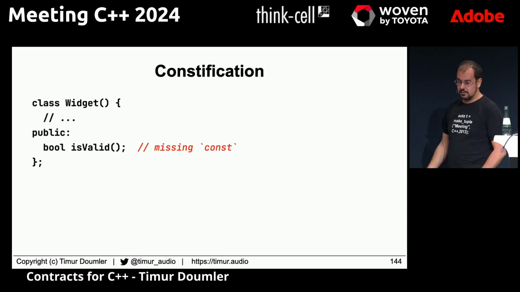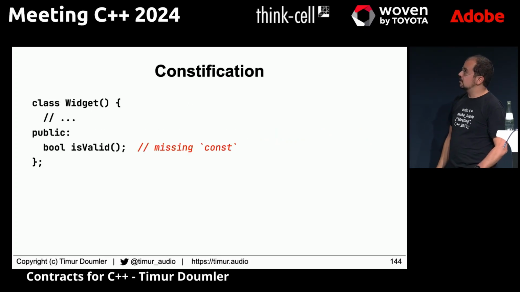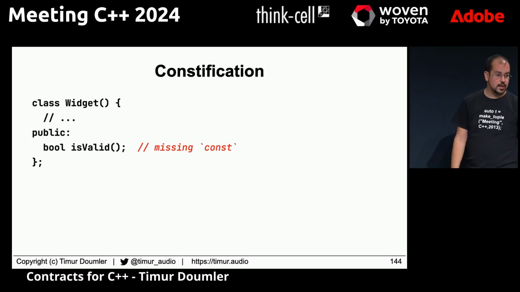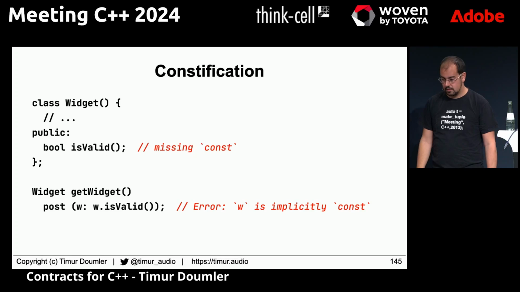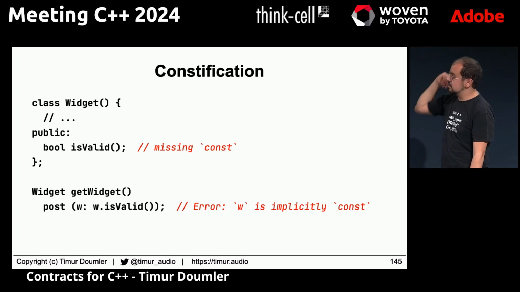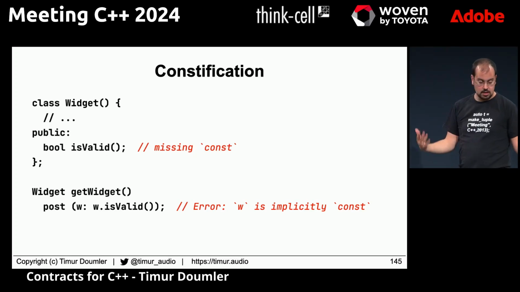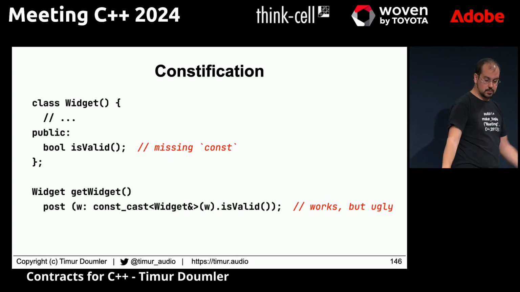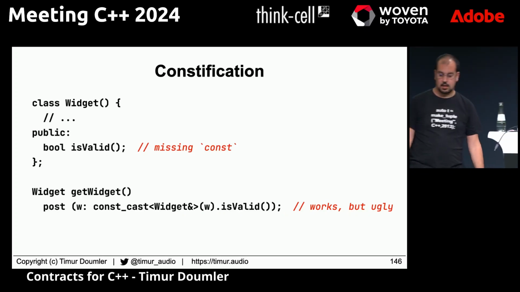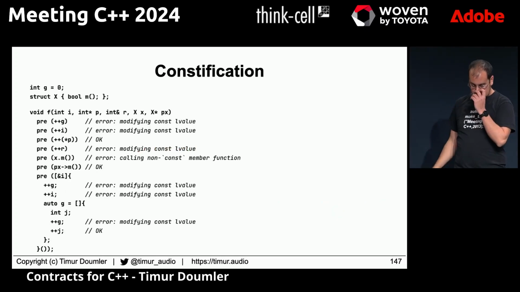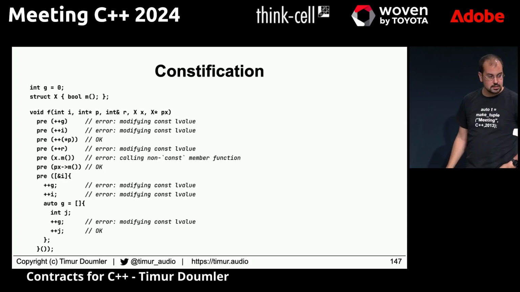The trade-off is if you have a function that doesn't actually do anything modifying, but it's just missing a const, then that's also not going to compile. So you have to actually add the const here. You have to be const correct, or if not, you have to escape it with a const cast, which works but is ugly. So here are basically all the cases in which we constify things.